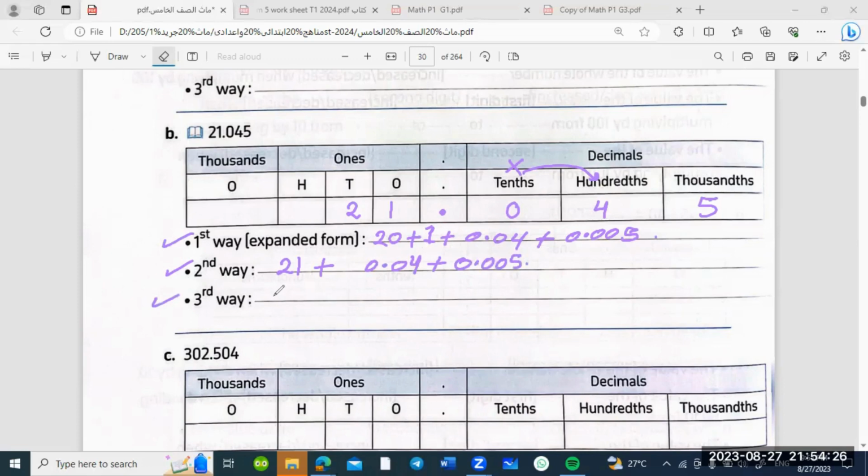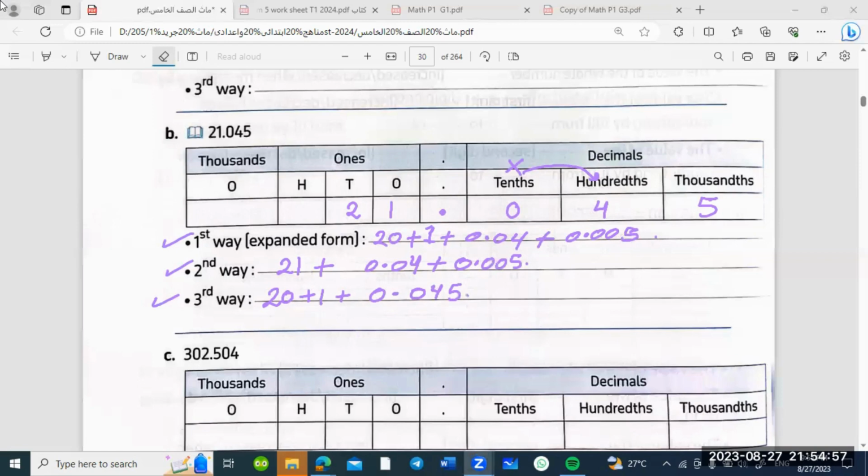We will write 20 plus 1 plus the decimal part as it is. Plus the decimal part, point as is, 0.45. No, 0.045. Yes, 0.045. Okay.